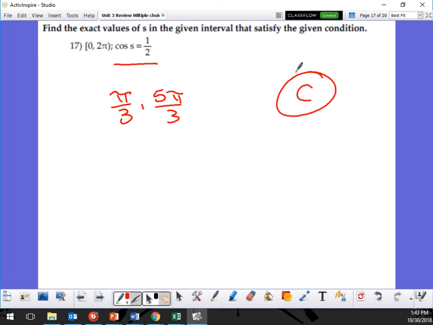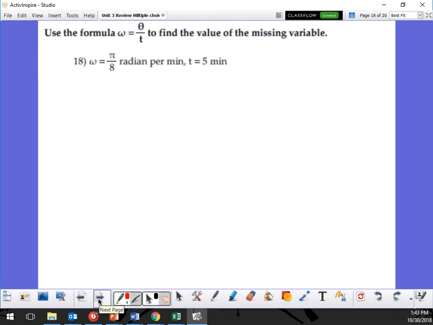It's not bad, right? Now, this one, you already get the formula. If W equals theta over T, find the value of the missing variable. So we know W and we know T. So what am I looking for? Theta, very good.